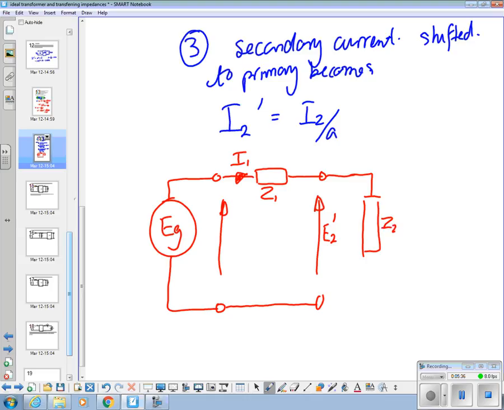Then the impedance A squared Z2, or Z2 dash. And through that very same I1 current is I2 dash, which is equal to I2 over A.